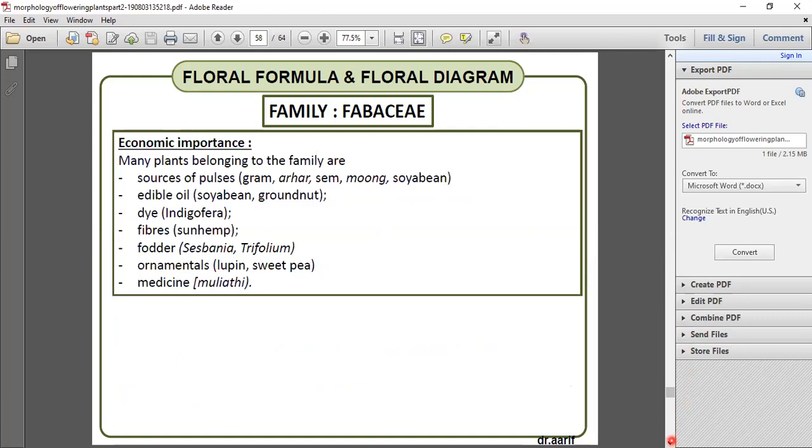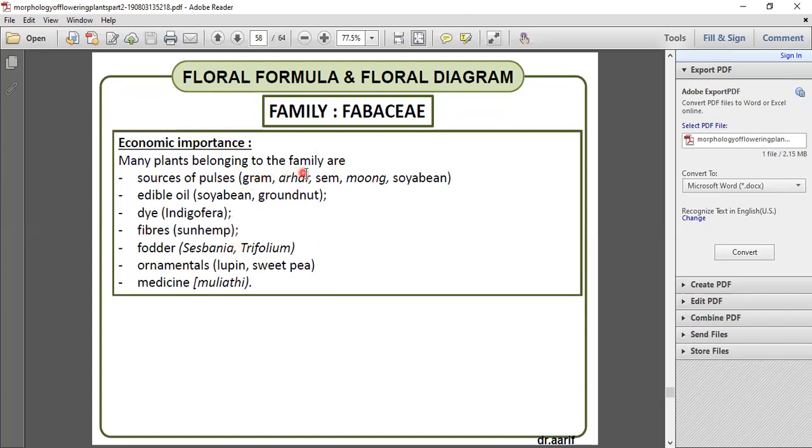Now we will look into the economic importance of the Fabaceae family. See, this family is a very rich source of protein for vegetarian people. They are grouped under a type of food called pulses, like gram, arhar, moong, soybean, masoor.